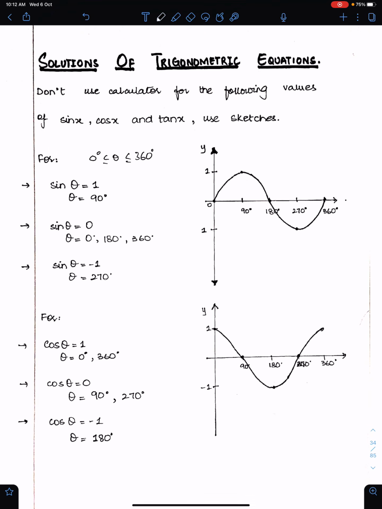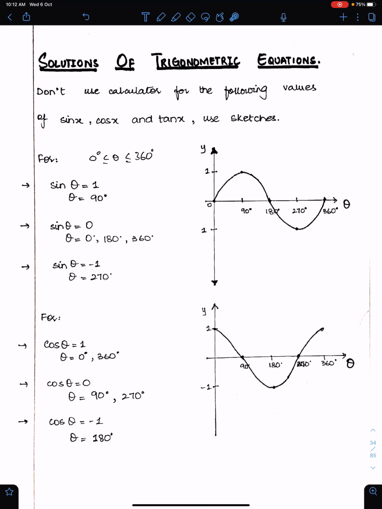This should be theta. This should also be theta, because we have theta here. So sine theta minus 1 is at 270. Your answer is 270. The calculator will never give you this answer. The calculator will give you minus 90. And for this domain, this is the right answer.